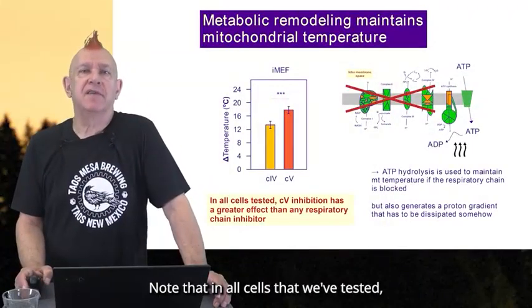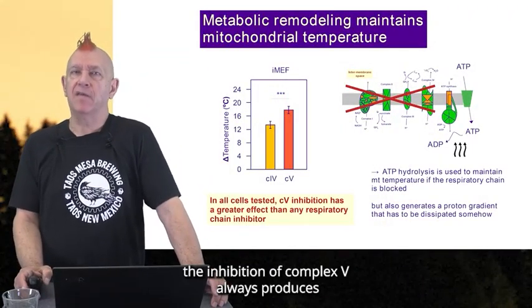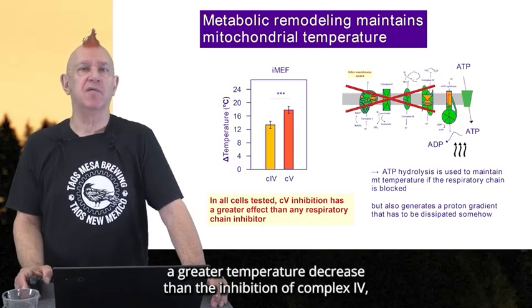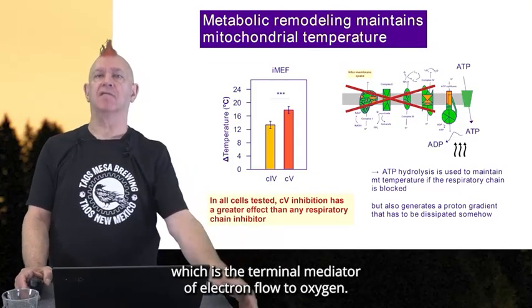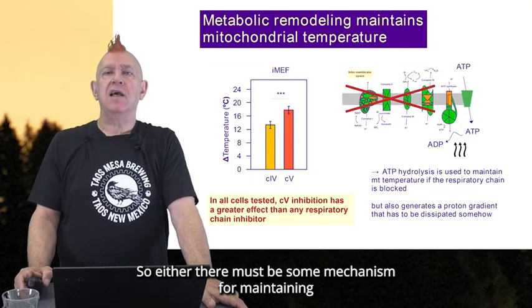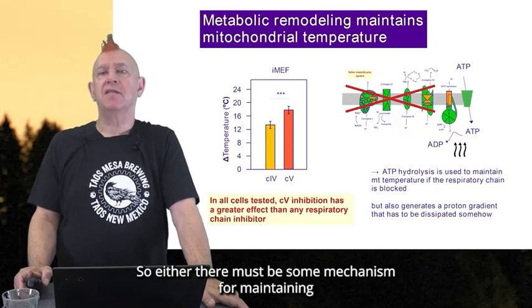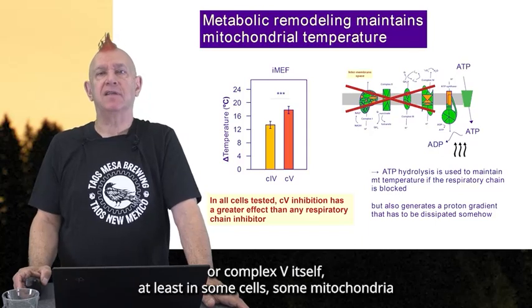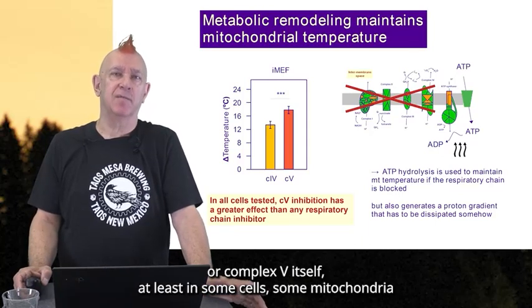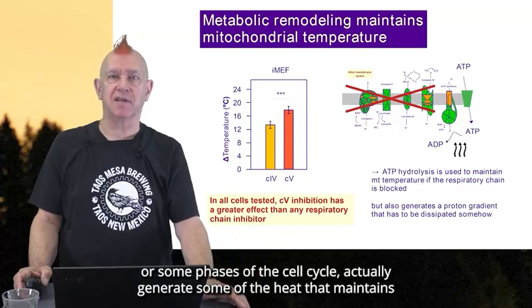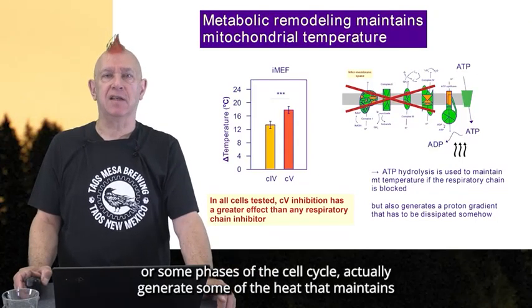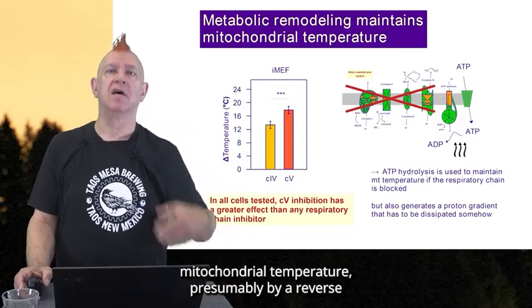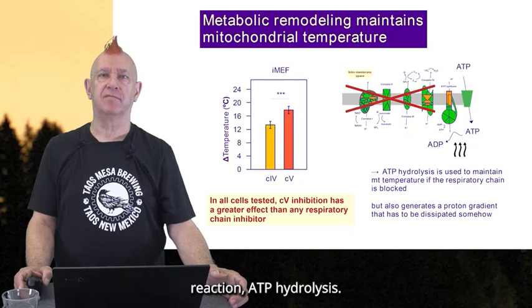Note that in all cells that we've tested, the inhibition of complex 5 always produces a greater temperature decrease than the inhibition of complex 4, which is the terminal mediator of electron flow to oxygen. So either there must be some mechanism for maintaining the electrochemical gradient that sustains ATP production, or complex 5 itself, at least in some cells, some mitochondria, or some phases of the cell cycle, actually generates some of the heat that maintains mitochondrial temperature, presumably by a reverse reaction, ATP hydrolysis.